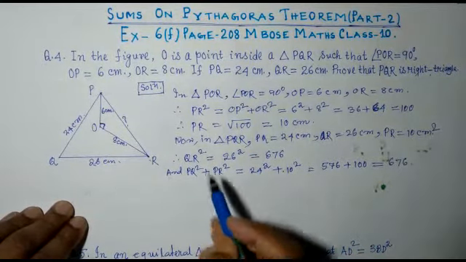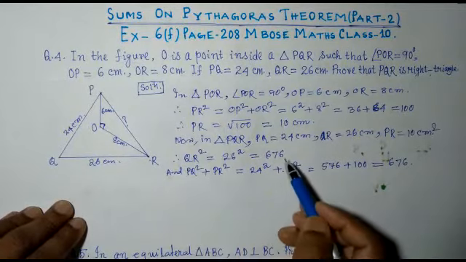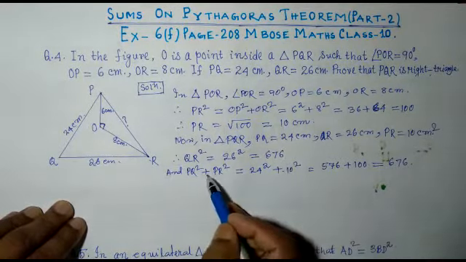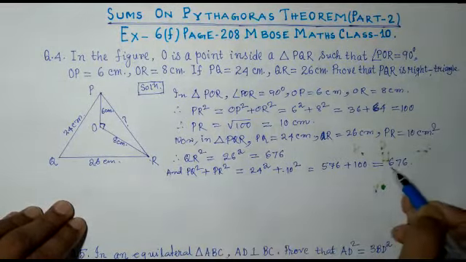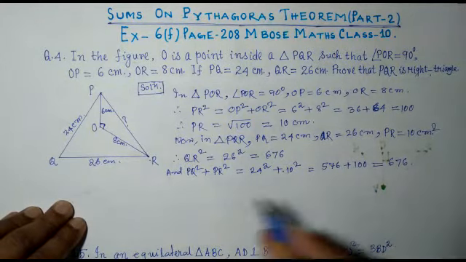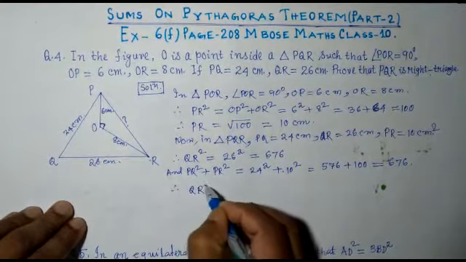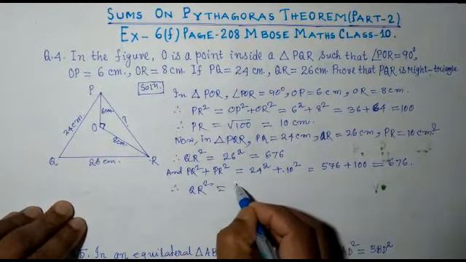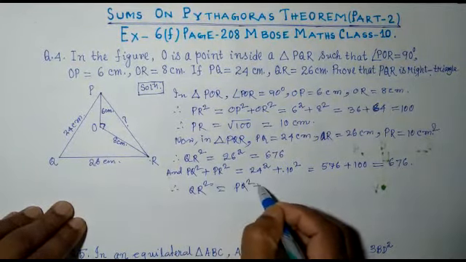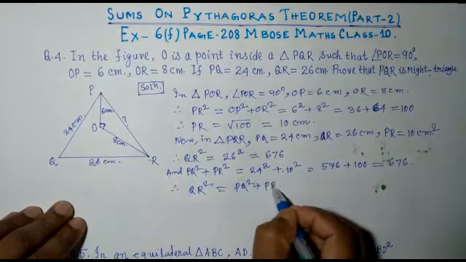676. So what we see, square of the longest side is 676 and sum of the squares of other two sides is 676. So we can say therefore square of longest side is equal to sum of the squares of other two sides.